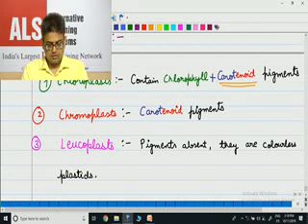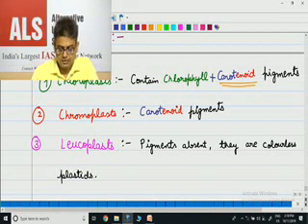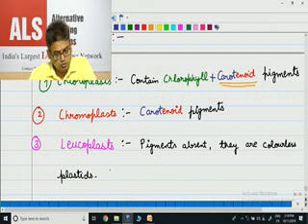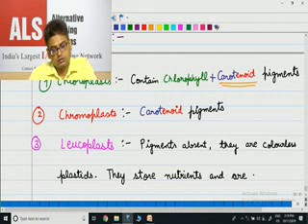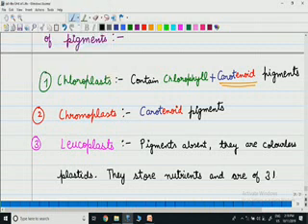Colorless plastids. They store nutrients and are of three types.